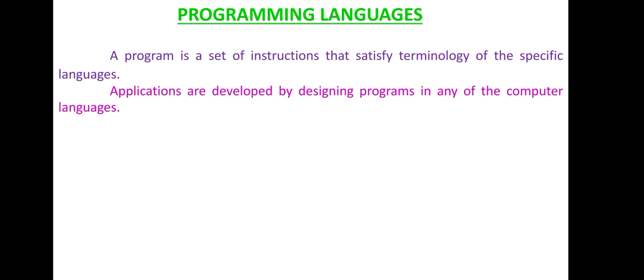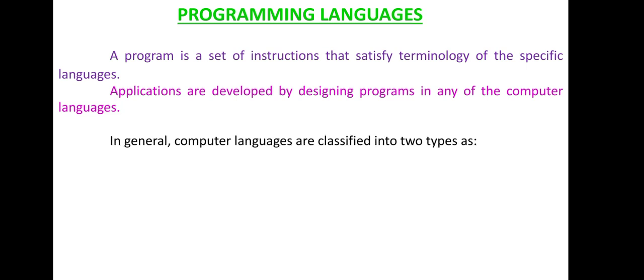A program is a set of instructions that satisfy the terminology of a specific language. All these applications, whether the operating system, the application software or the utility software, are designed by programs in any of the computer languages.